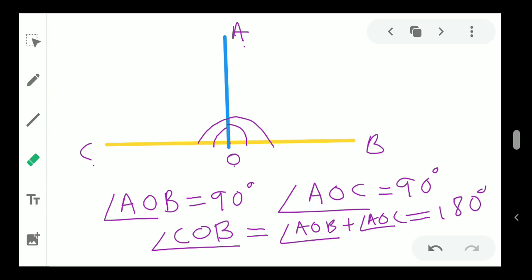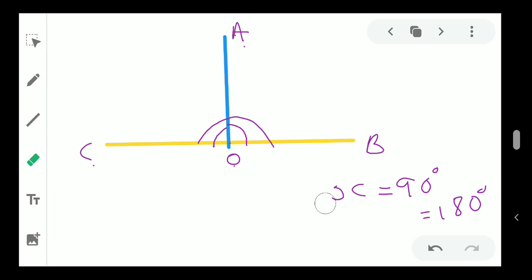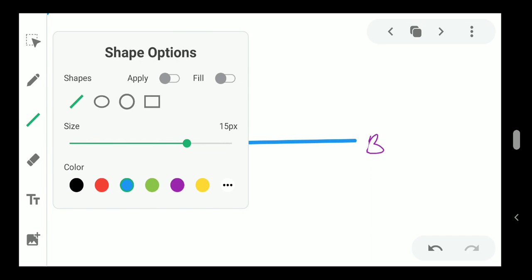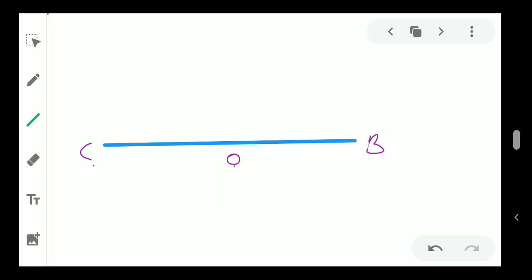Let's say I have a question like this. So if I have a situation like this, and I have one more line out there like this, and I tell you that this name is say A, and I tell you that this angle is 45 degree.